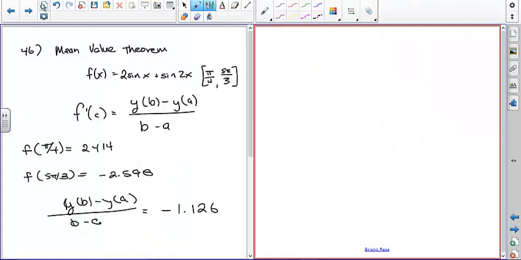Okay. So now what you do is you take the derivative of that function. So I need to find f prime of x. So 2 cosine x plus 2 cosine 2x.